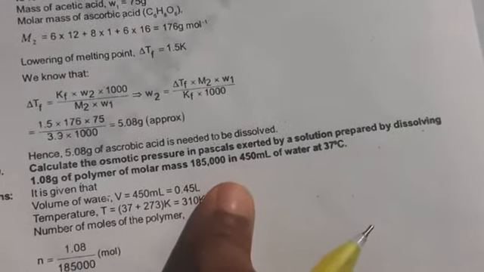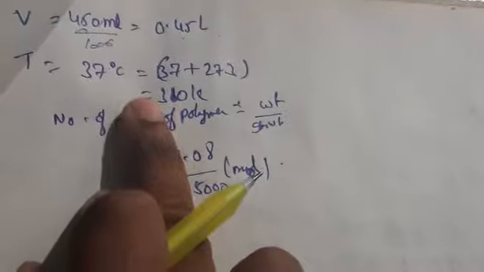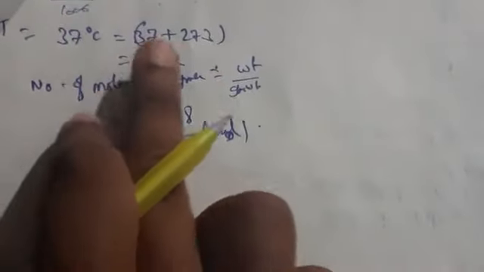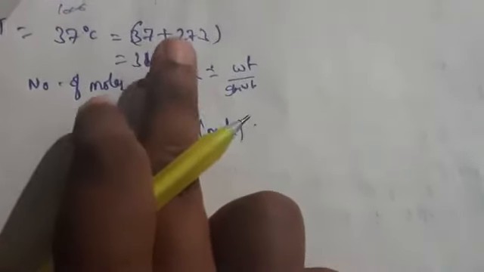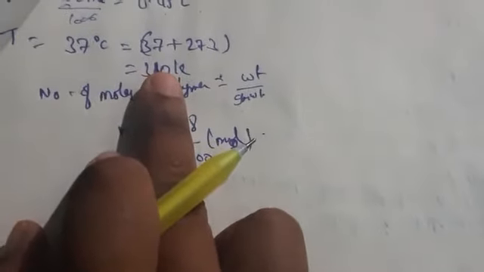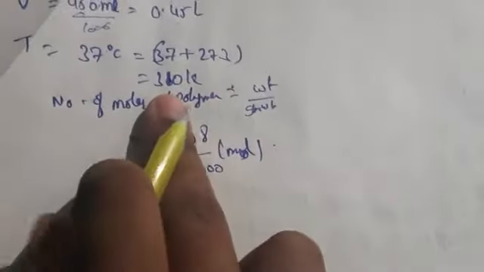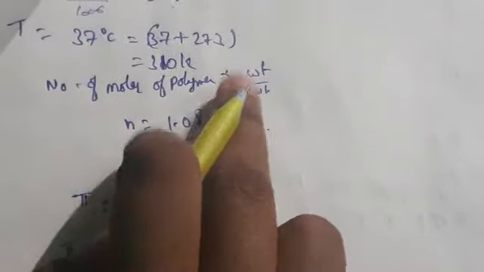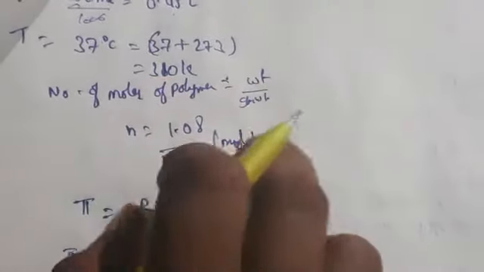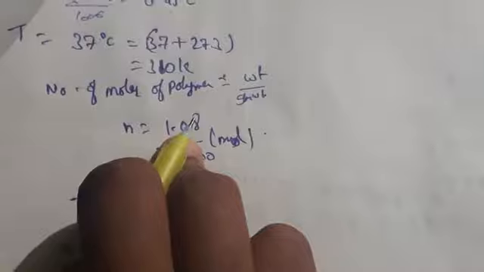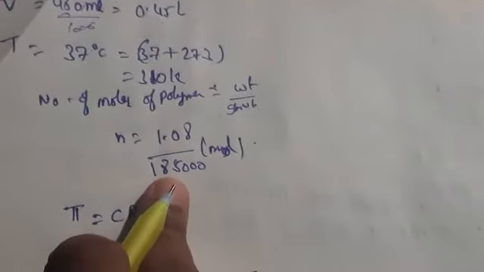Temperature at 37 degrees centigrade is converted into Kelvin: 37 plus 273 equals 310 Kelvin. The number of moles of polymer: weight by gram molecular weight. He has given 1.08 as the weight and 185,000 as the gram molecular weight in the question.